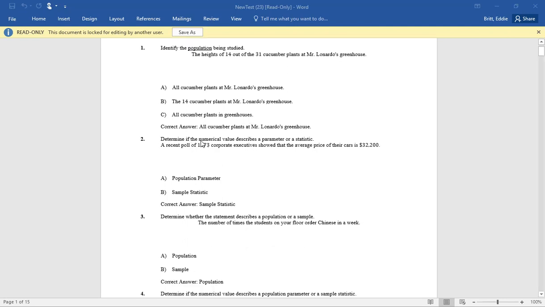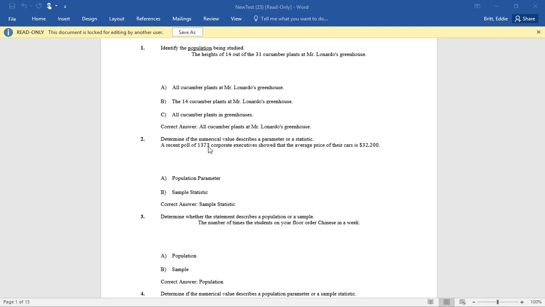All right, determine if the numerical value describes a parameter or a statistic. Remember, parameter goes with population. Statistic will go with a sample. A recent poll of 1,373 corporate executives showed that the average price of their car is $32,200.